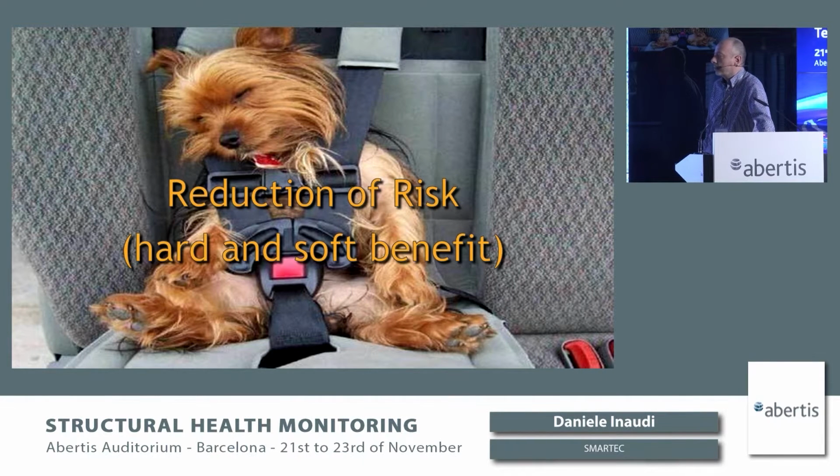The real monetary benefit is that risk can be associated with a monetary value. For example, insurance costs are related to how well you can quantify and control your risks. But it's also a soft benefit because it can be sold to the community, for example, to make sure that the pipeline, for example, or a dam is not dangerous.